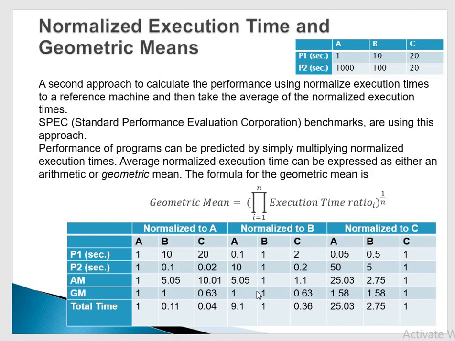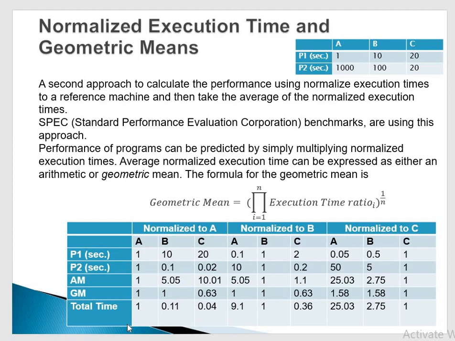Similarly, we will evaluate the performance for normalized execution time with respect to B and with respect to C. So these will be the normalized geometric means for the different sets, normalized to A, normalized to B and normalized to C. So the last row will give us the total time.